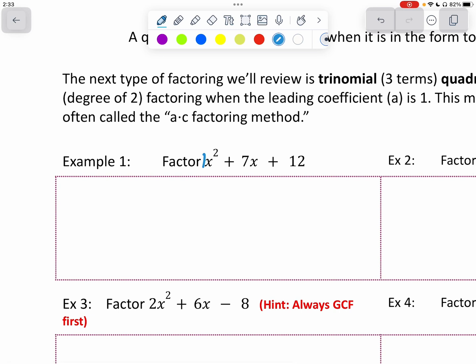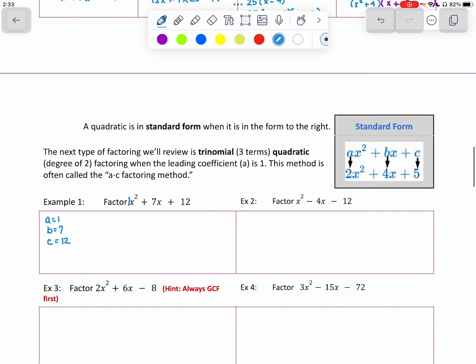I want to first start out by identifying A, B, and C. A is 1, B is 7, C is 12. And these are the same A, B, and C that we use when we use the quadratic formula.